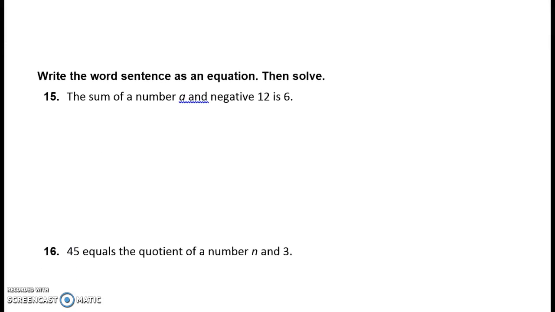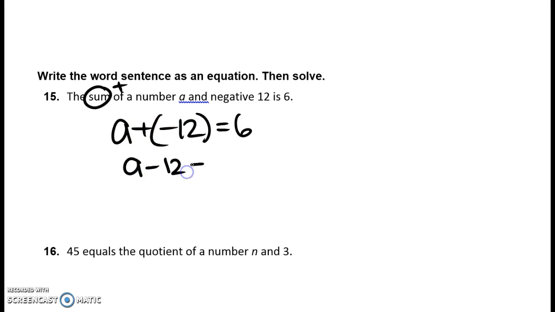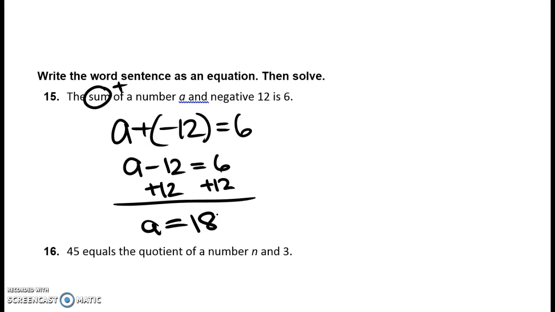Alright, 15. The sum of a number a, so sum means addition, a and negative 12 is 6. Notice that if you're adding a negative, that's the same thing as subtracting. So then to solve this, you would add 12 to both sides, and a is equal to 18.